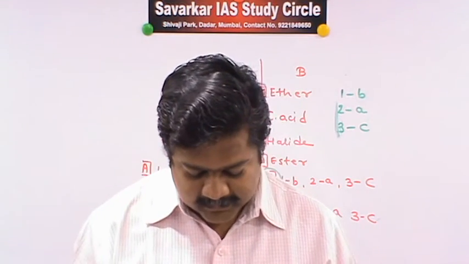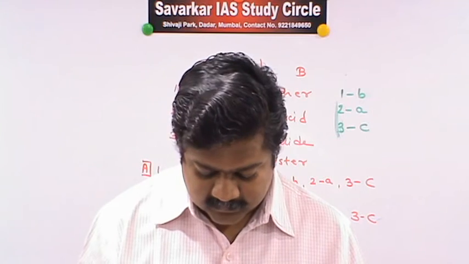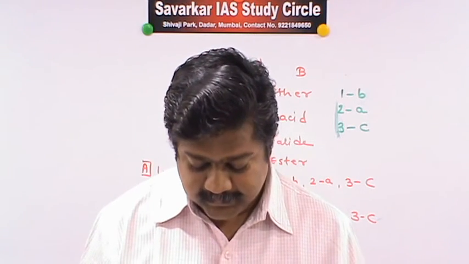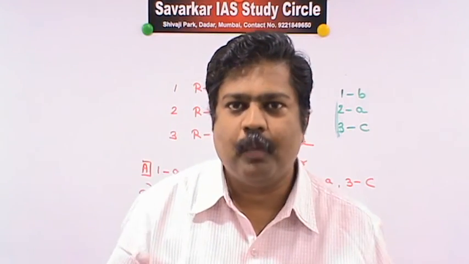Filling the blank: cyclopentane is an example of dash dash. Looking at all these options, you can find that the first three options are open chain, and we are aware that if the prefix is cyclo, it is not open chain.